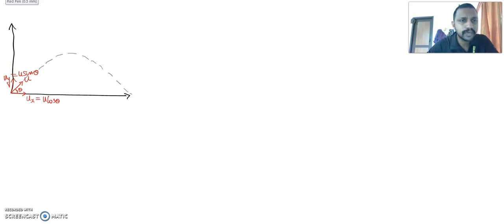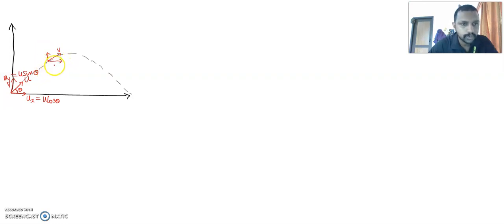Then if we are marking the instantaneous velocities at some points on this projectile motion, let me mark the direction of instantaneous velocity over here. The instantaneous velocity at this particular instant will be a tangent drawn like this. Let me call it v, and it will have two components, a horizontal component and a vertical component.